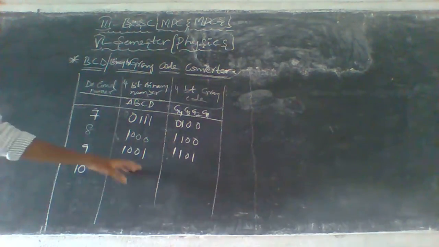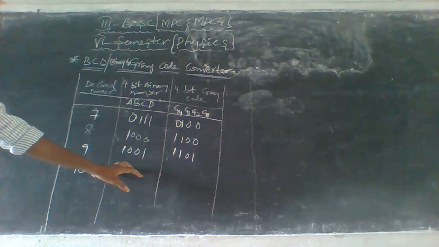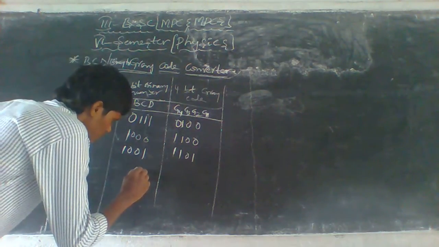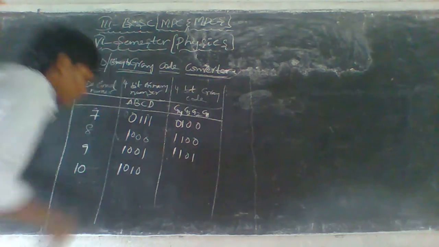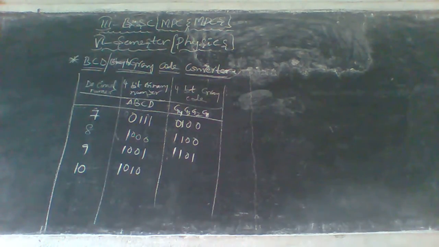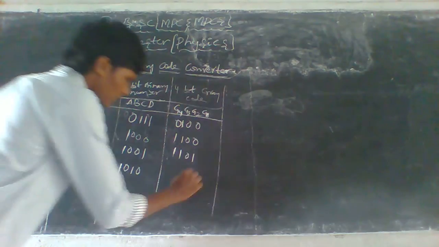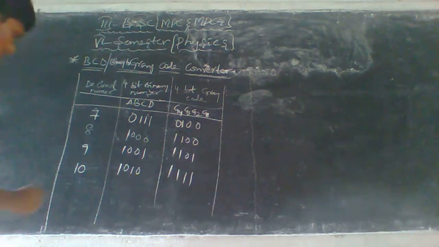For 10, the 4-bit binary number is 0101, and here 1111.